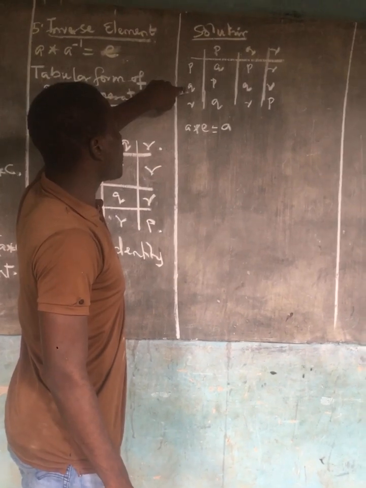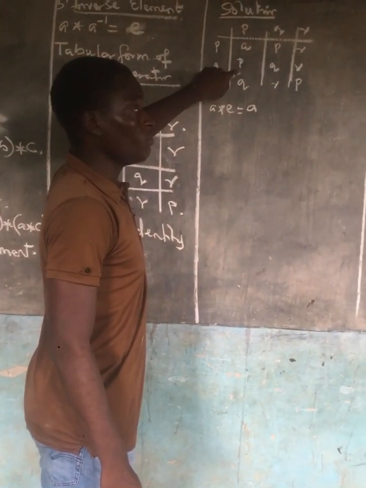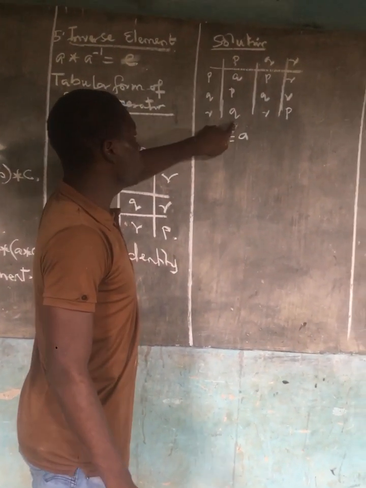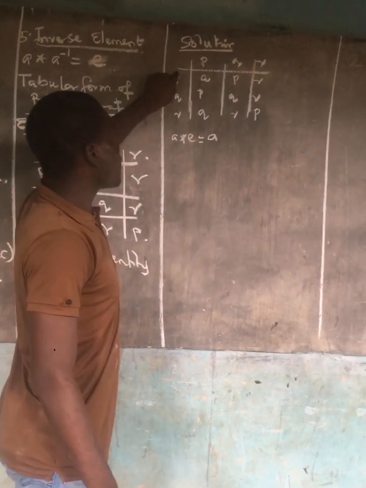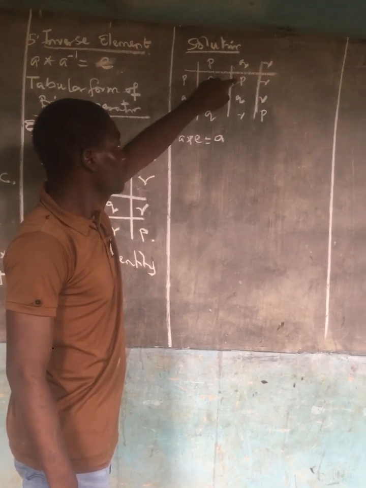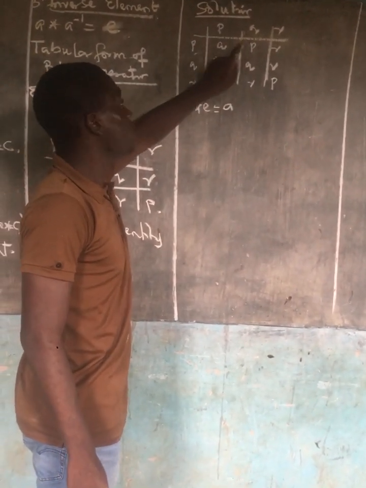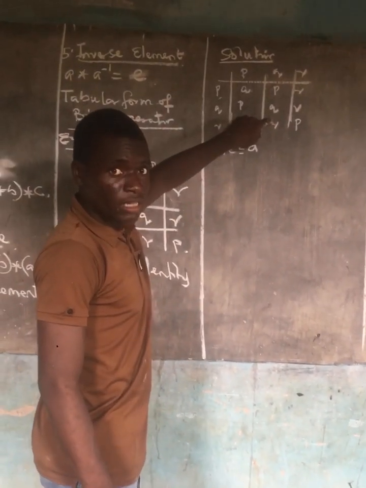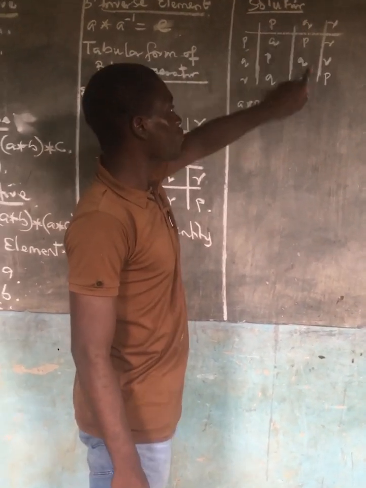Q asterisk P is P. That's not an identity element. R asterisk P is Q. That's not an identity element. P asterisk Q gives us P. I can note that, because when I place P in front of Q, I got my P back. Q asterisk Q gives me Q. That's an identity element. R asterisk Q gives me R.